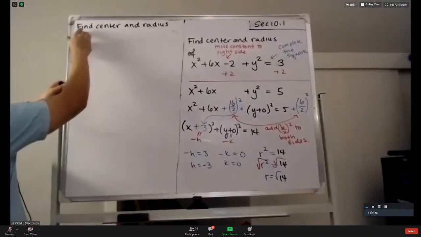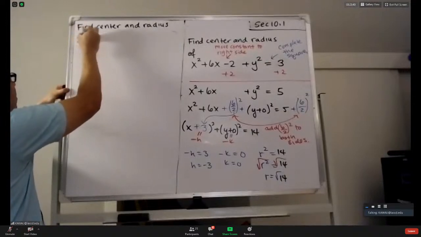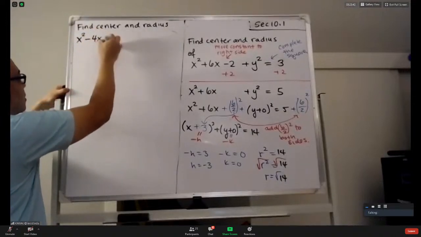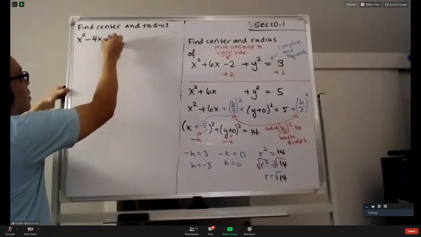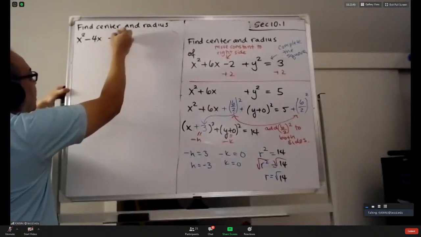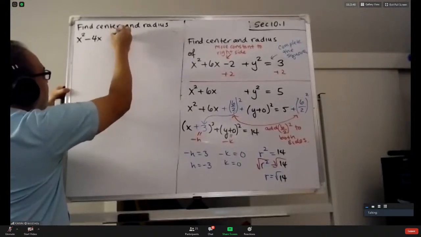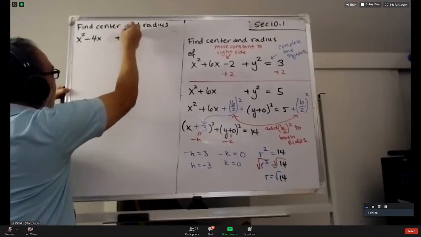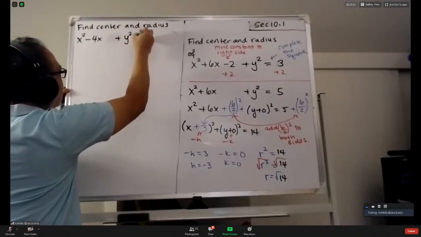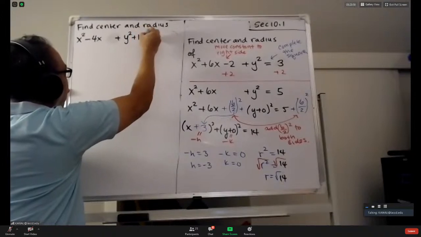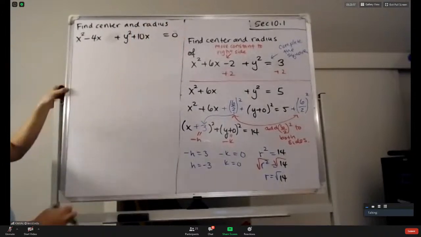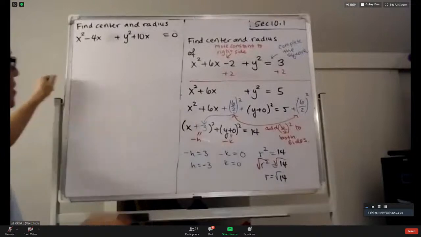Okay. So we have x squared minus 4x plus y squared plus, let's call it 10x, is equal to 0. So I already removed all the constants.